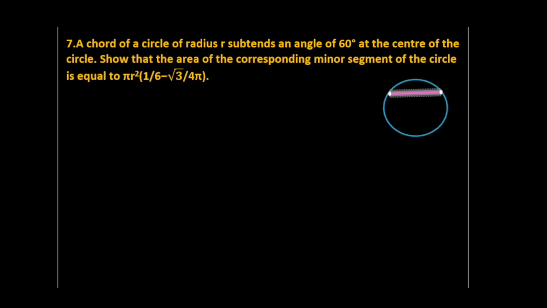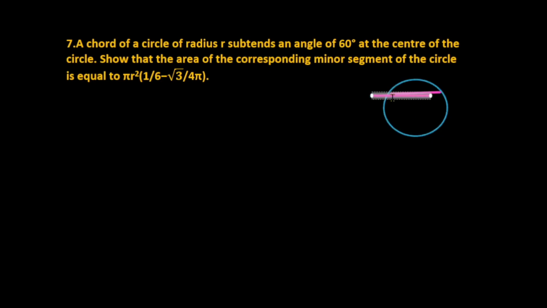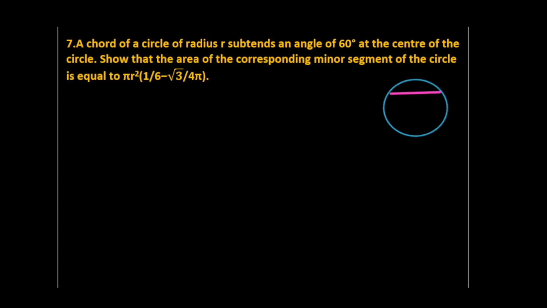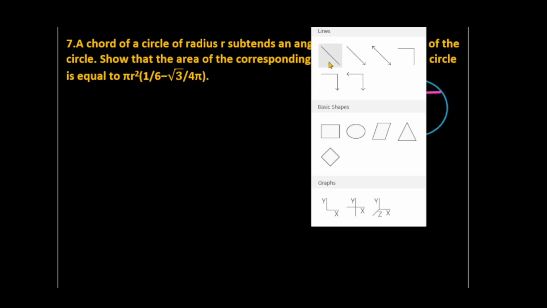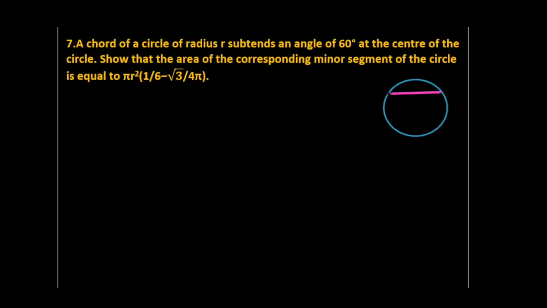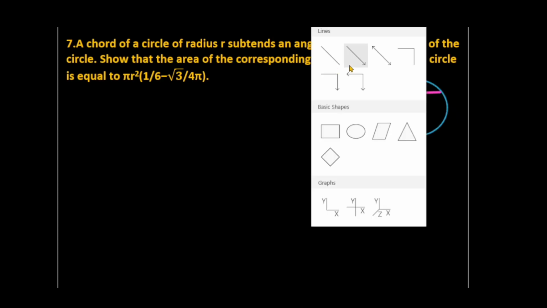Now this chord subtends, what is given, a chord of a circle of radius r subtends an angle 60 degree at the center.